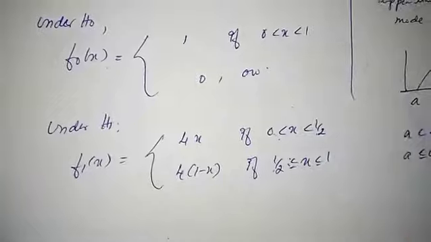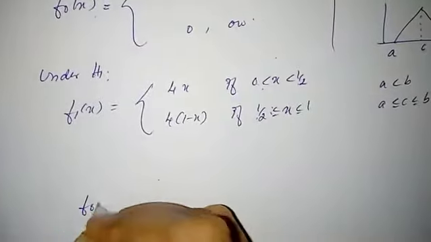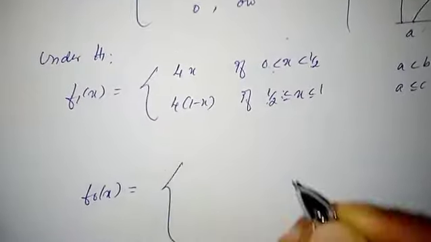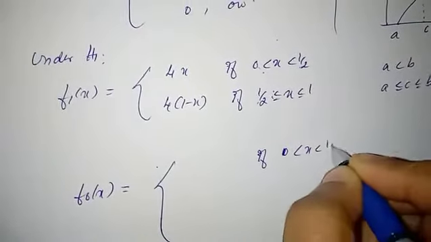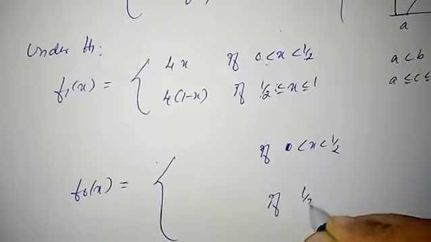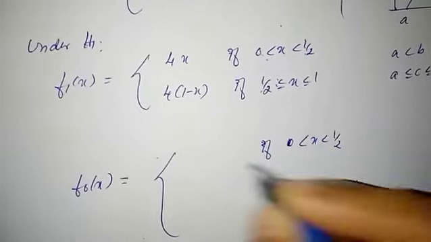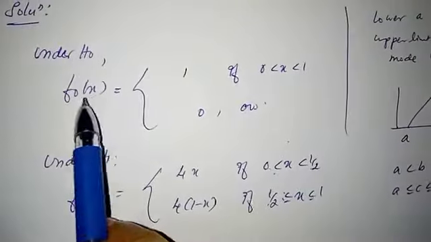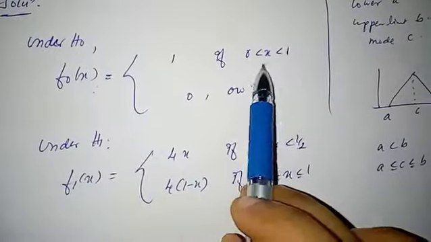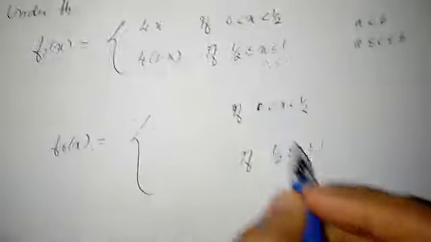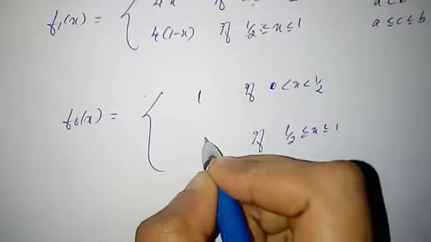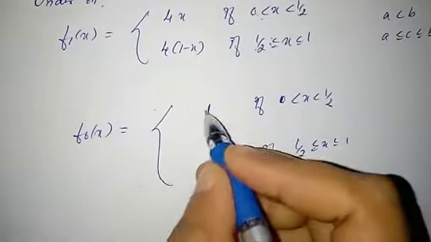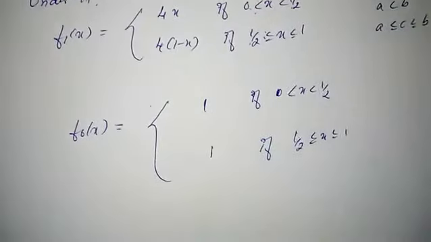Then we can write f0(x) as 1 if 0 < x < 1/2, and 1 if 1/2 ≤ x ≤ 1. That is, under H0, f0(x) is 1 for 0 to 1.